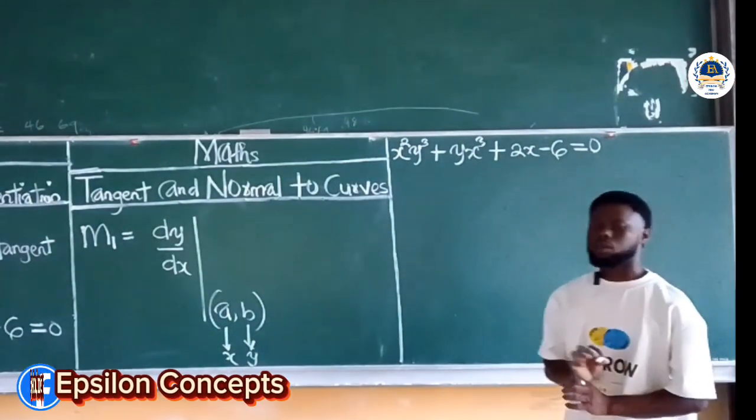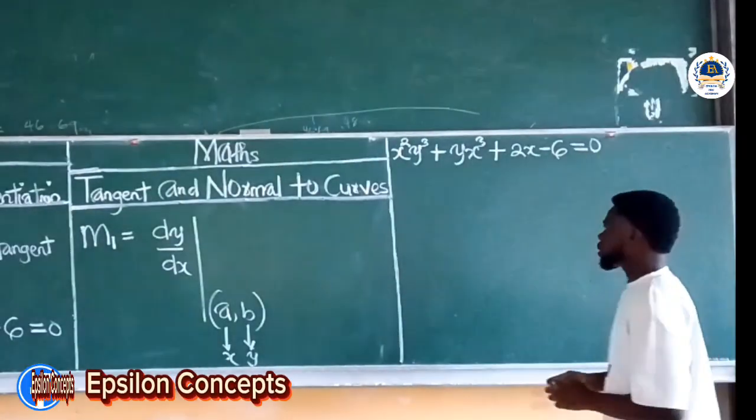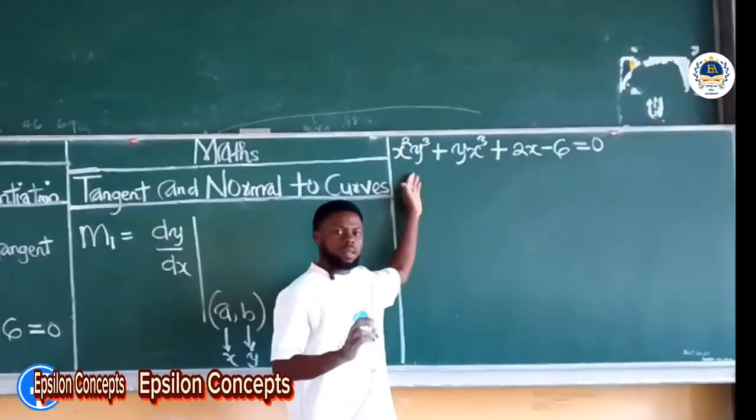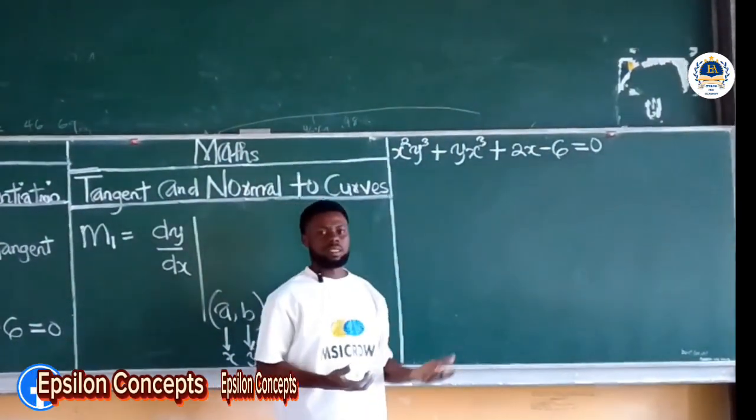Now, one of the basic concepts when it comes to implicit differentiation is that whenever we have both x and y variables together in a particular term, we have to differentiate twice.